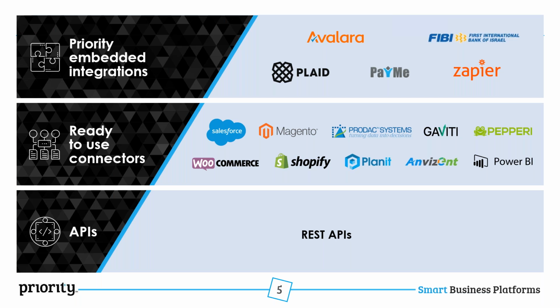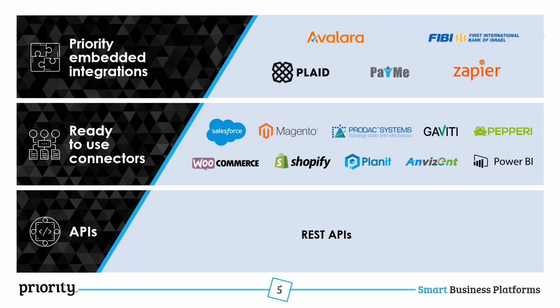Here in Israel, we have integration between Priority and one of the leading banks. We have developed the payment portal. In the US, tax calculation using Avalara. Also in the US, Plaid to load bank pages from different banks. And finally, Zapier, which allows connecting Priority with thousands of applications to generate automations.